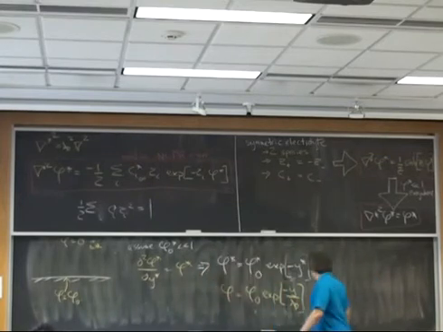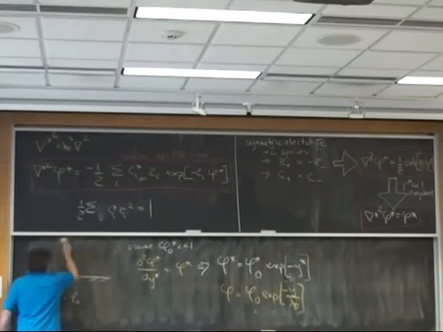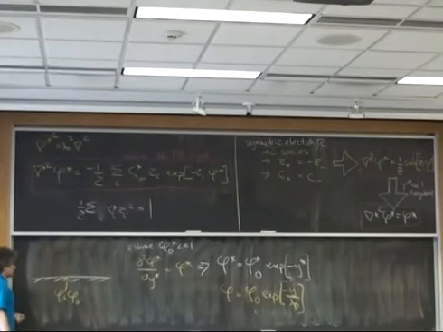So if I now make a graph of phi as a function of space, now I can draw this distribution very simply.